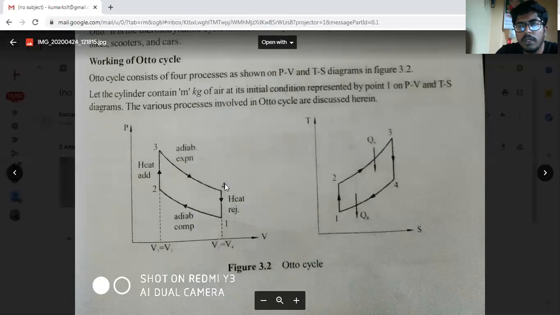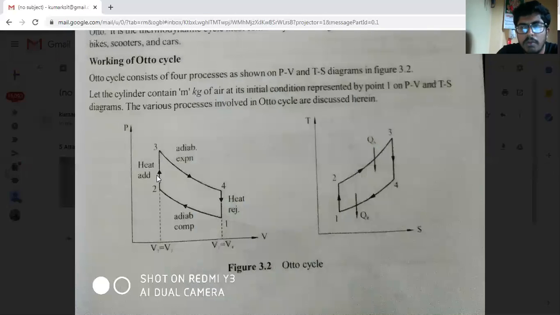The process 3 to 4. The hot body is removed and the insulating cap is brought in contact with the cylinder head. The air starts to expand adiabatically from volume V3 to V4 with the fall in temperature from T3 to T4.